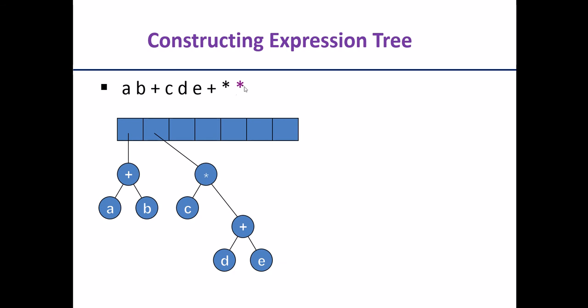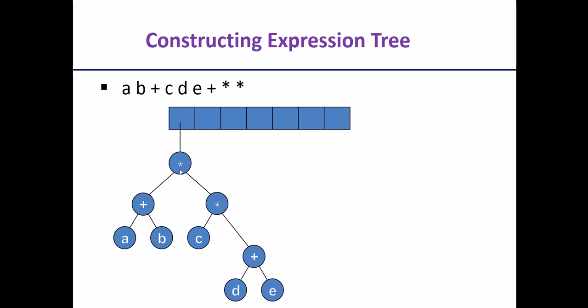And now we again have an operator and we have two trees, and we combine these two trees with T1 as the left tree and T2 as the right tree, and the root node is the operator. So this is the way that we can construct the tree.